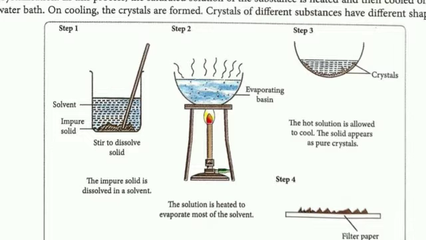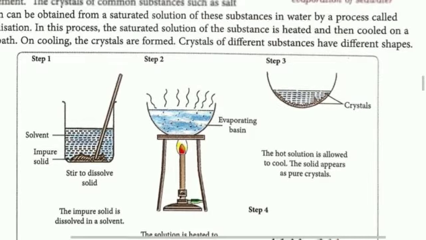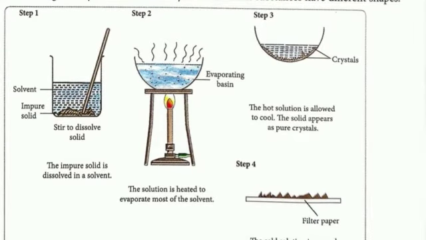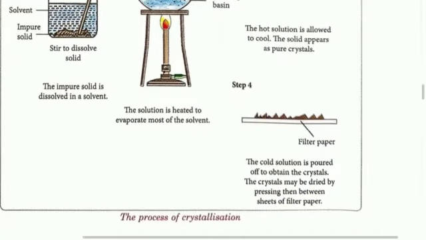Impure solvent, stir to dissolve. The solution is heated to evaporate most of the solvent. Evaporating basin crystals. The hot solution is allowed to cool and the solid appears as pure crystals. The cold solution is poured off to obtain the crystals. The crystals may be dried by pressing them between sheets of filter paper.